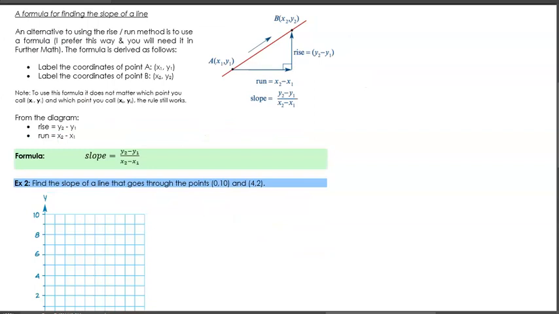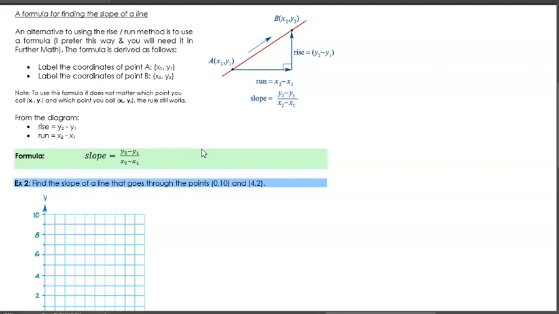Now, before we get to the next examples, there is a formula that we can use, and it's just an extension of the x1, y1 which I was talking about before. So another way of using the rise run method is to use this formula, and you will need to use this formula in further maths, because you will see it pop up quite a bit.